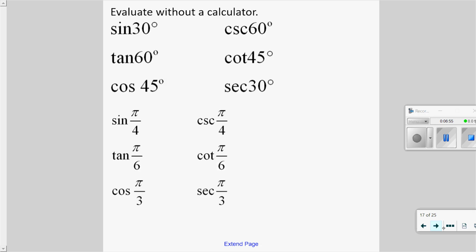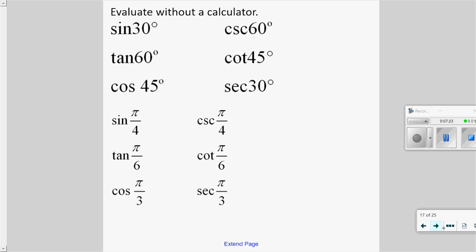I want you to get in the habit, though, of not doing these set up like this. I don't want you to do number 1, number 2, number 3, number 4, number 5, number 6, and then the second row. I want you to look at them as a group of 12 problems in the easiest way to do them. So which way do you think would be easier to do?